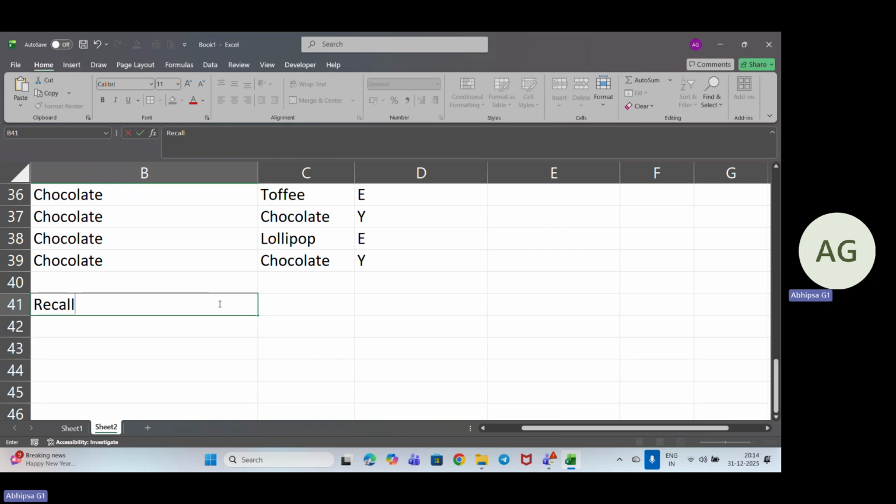Recall is how many real chocolates the model actually picked up. So recall is the real chocolates picked divided by the total real chocolates, into 100.